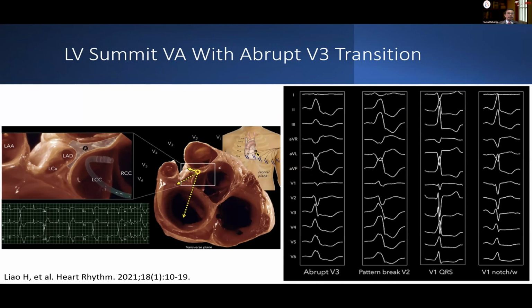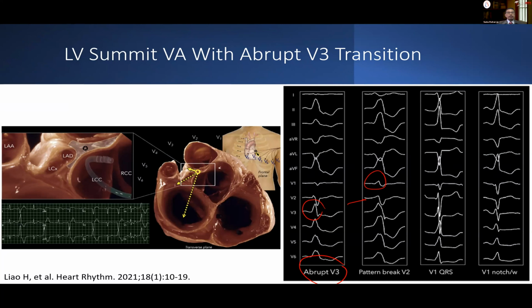Another challenge for outflow tract PVC ablation is the LV summit PVC. Probably later on Dr. Patak will present this more thoroughly, so I will just briefly mention it. This paper shows that when you have the PVC with this abrupt V3, or a pattern break in V2, so this is a higher R compared to V2, probably those are LV summit PVC.